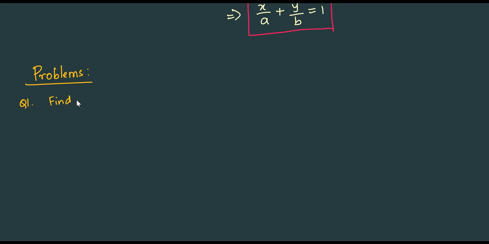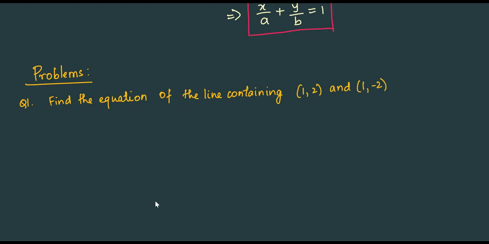Find the equation of a line containing, or passing through, the points (1, 2) and (1, -2).